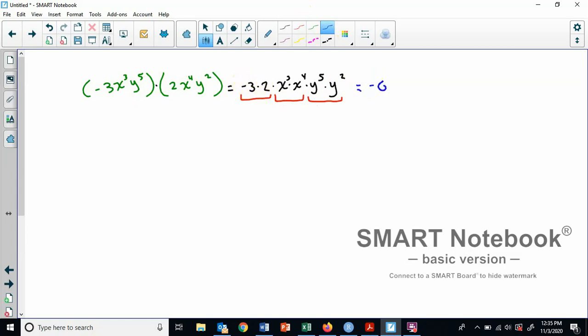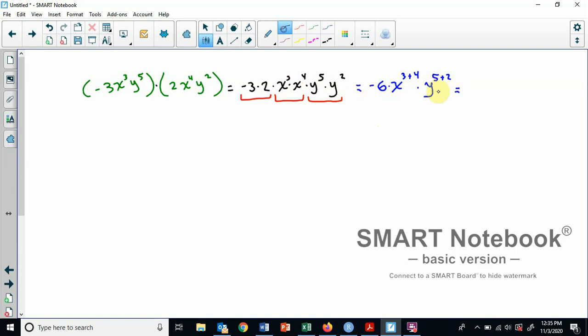That is just negative 6. Piece of cake. Now x times x, what is the exponent rule for handling the exponents? I can combine it into a single base, and I've got to add the exponents. And the same thing with the y's. I can combine these into a single base, but I've got to add the exponents.